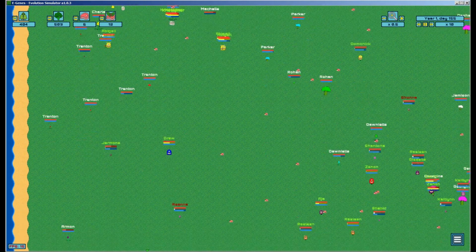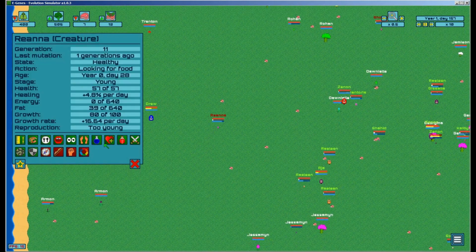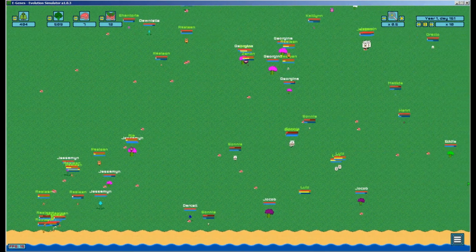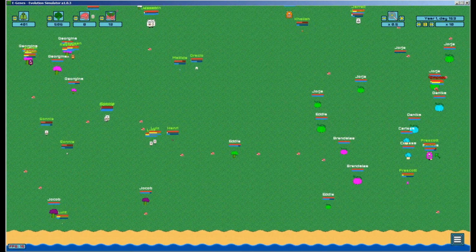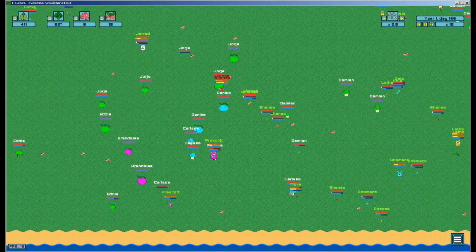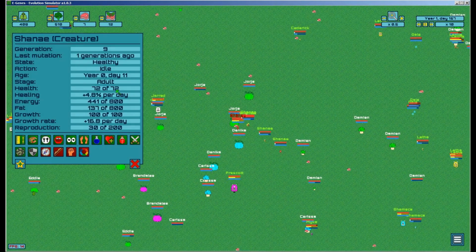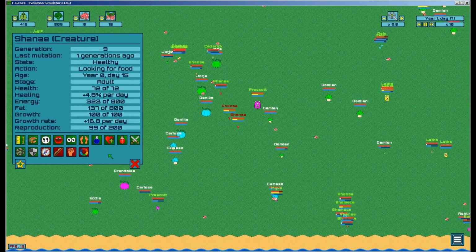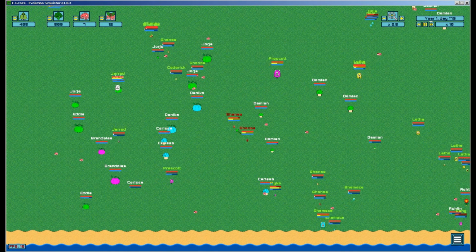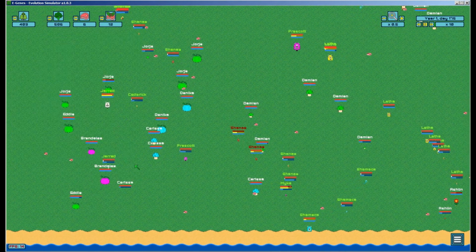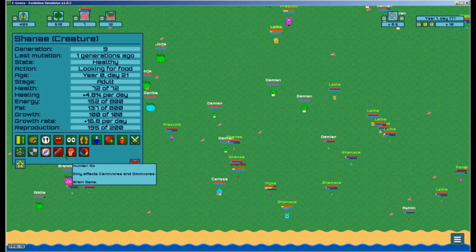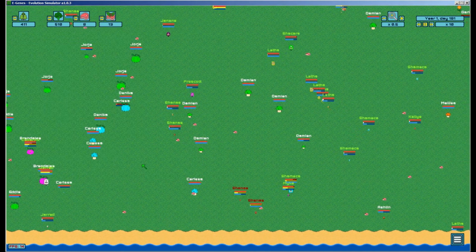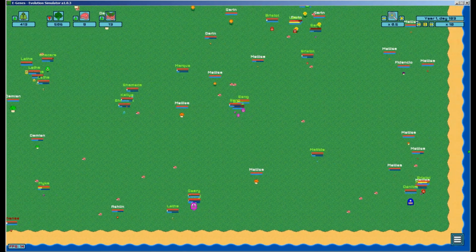By the way, creatures don't eat seeds or eggs. Looks like all carnivores evolved into scavengers.